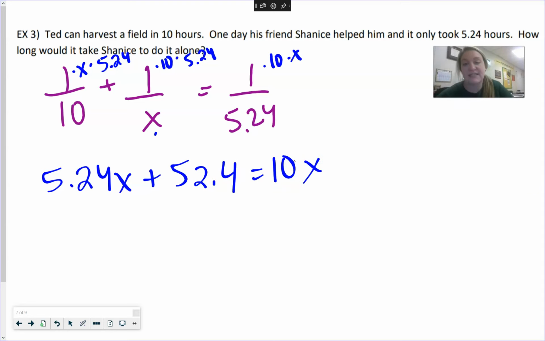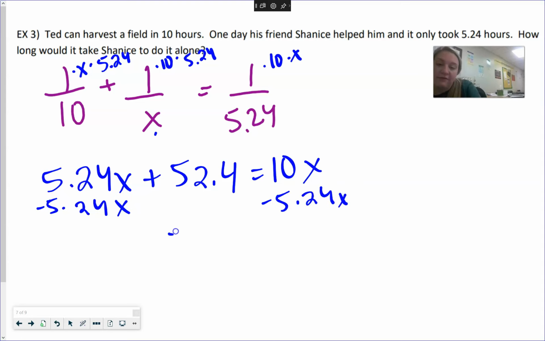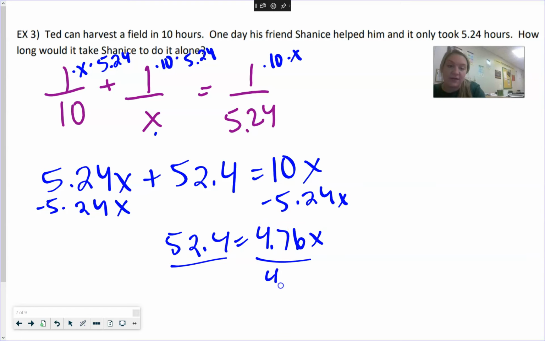All right, to solve for x this time, I'm going to subtract over my 5.24. I'm left with 52.4 is equal to 10 minus 5.24, 4.76x. And then we're going to divide both sides by that 4.76.